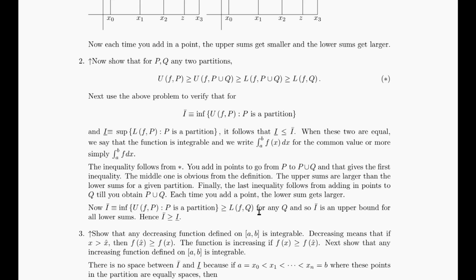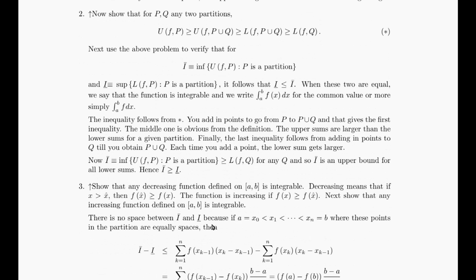Okay? So I have that this happens. And now you see I upper bar is an upper bound for all of the lower sums. So if I take the supremum of all the lower sums, I get I lower bar. So you see this inequality always holds. I upper bar is bigger than or equal to I lower bar. Always is the case. Okay?